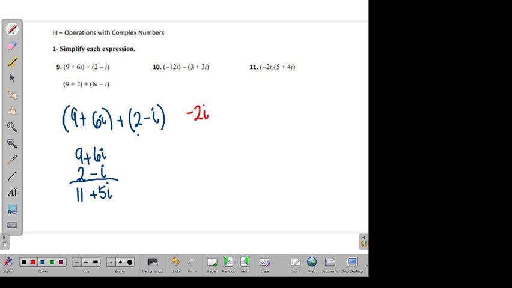Minus 12i, I wrote it too close. Minus 12i minus, this minus will change everything there. So it's going to be minus 3 minus 3i. Please add the i's together.